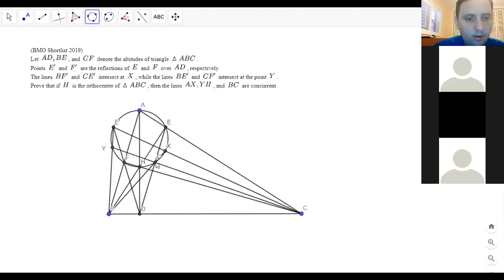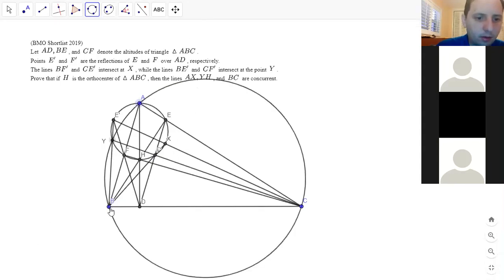That is equivalent to showing that Y lies on ABC. And also similarly that X lies on HBC. So yeah, if we could show either of those two, that would solve it.